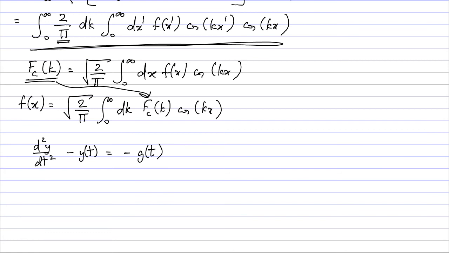Now, the idea behind using the Fourier transform, or in fact any integral transform, in solving such a differential equation, is that you Fourier transform the whole equation. The Fourier transform, if you look at the definition, is a linear operation.